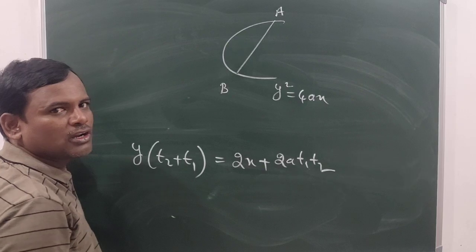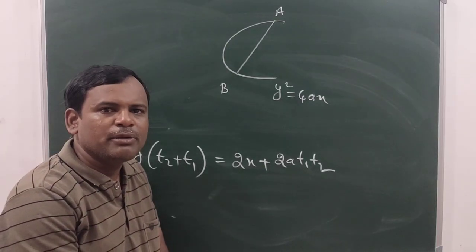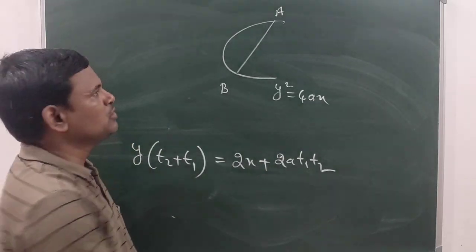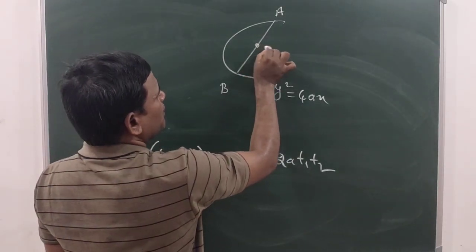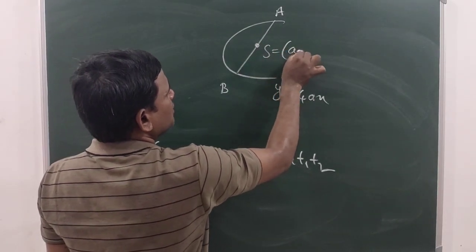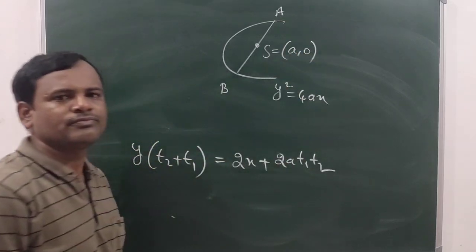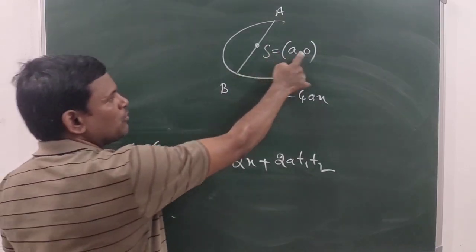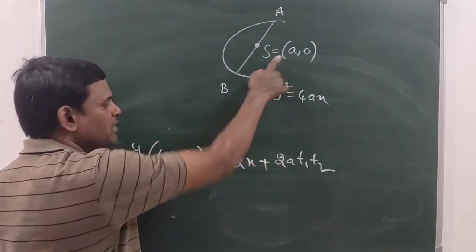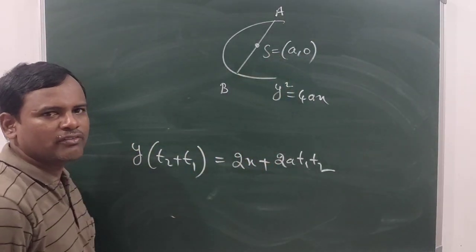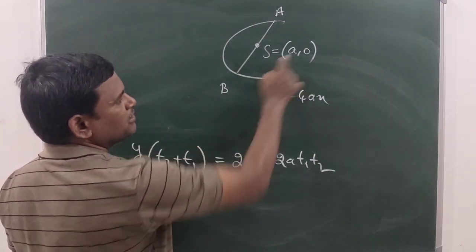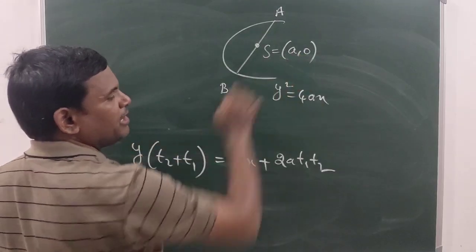Focal chord means it must pass through the focus of this parabola, whose coordinates are (a, 0). So if it passes through this focus, then this point lies on this AB chord equation, so I am replacing y and x by 0 and a.